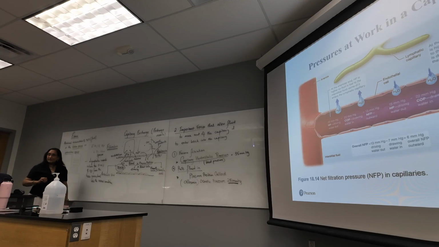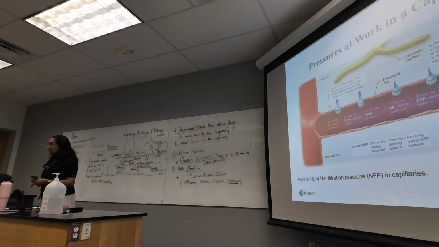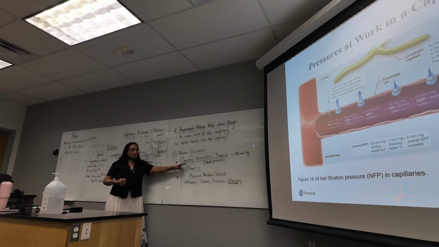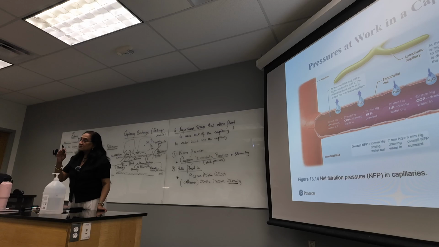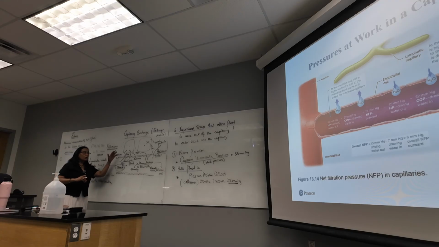So when can edema occur? When can there be abnormal fluid collection in the tissue spaces? Think about it. If this pressure were to increase, normally it is 35. If the pressure is, let's say, 50 or 55, what will happen? Will water exit more? Right?